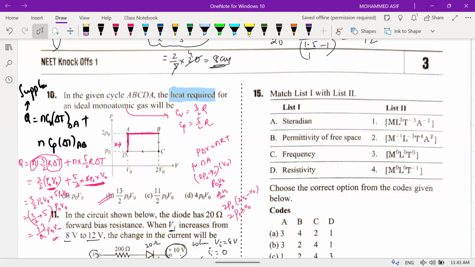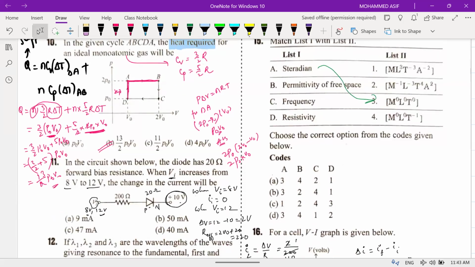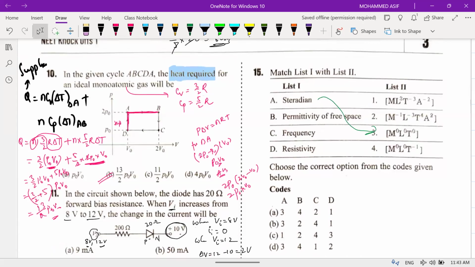Dimensionless quantity, so A will be matching with 3. Then frequency is the reciprocal of time, which is period, so frequency is matching with 4. That means C must be 4. So which option? B, isn't it? A is matching with 3, C is matching with 4. Here C is not matching with 1, so this is not possible, this is also not possible. Only the second option will be possible.